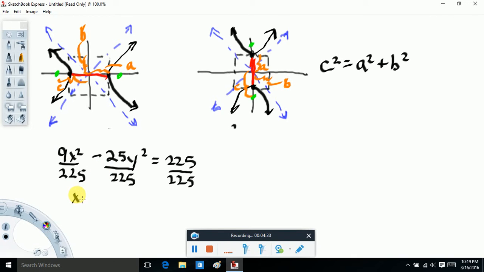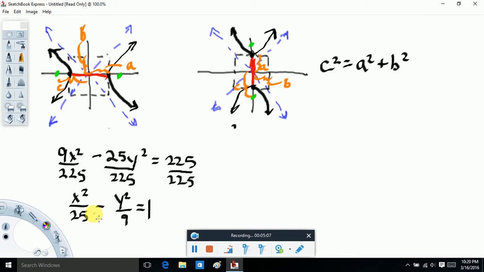And then when we simplify the fractions, we get the following. Now we have the equation of the hyperbola in standard form. We're trying to graph this, that's the objective.